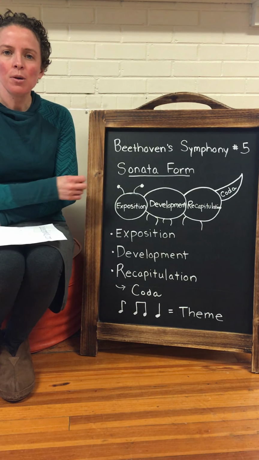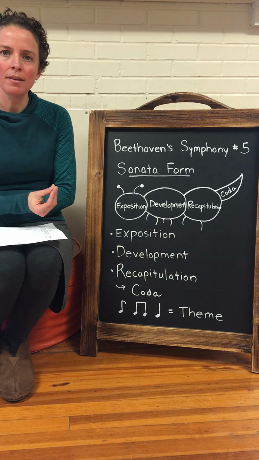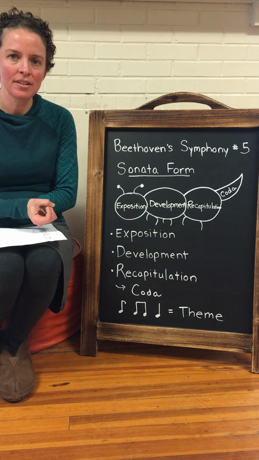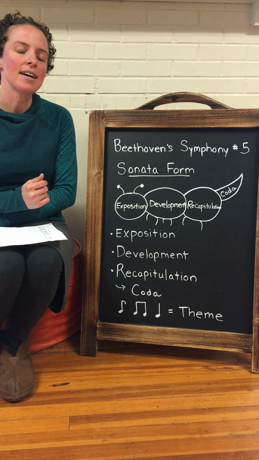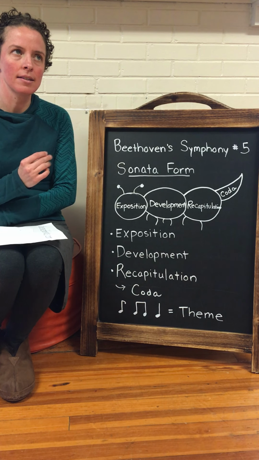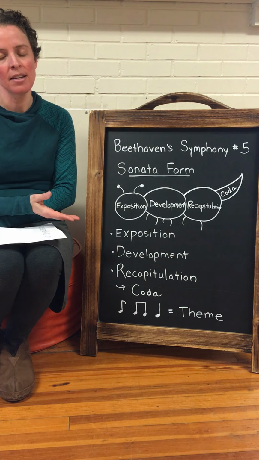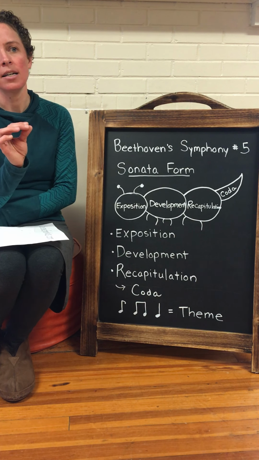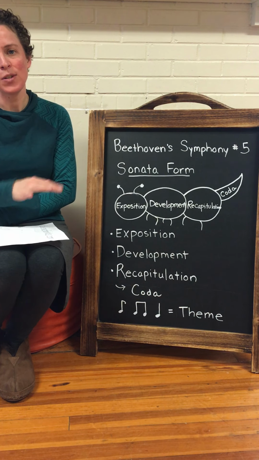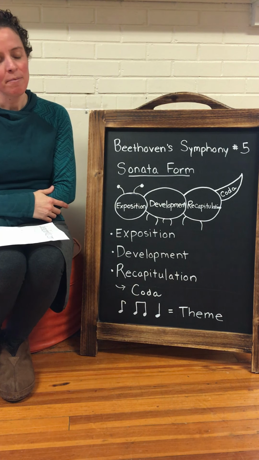And parents, if you have the book that we often use in CC, it's called Classical Music for Dummies. There is a listening guide, and you can listen to Beethoven's Fifth Symphony using those links, and you can read the listening guide as you go through the symphony.